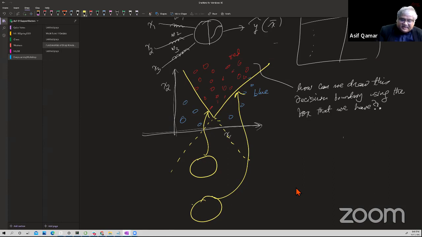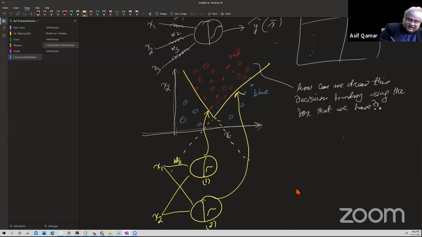Let's say you have the input x1, x2, and both of these go to both boxes. Let me call this box 1, this box 2. You will have first box input 1, first box input 2, second box input 1, and second box input 2, the weights, the resistors. So now you have four resistors as far as I can see, right? Something tells you that they can recover these two decision boundaries for you.